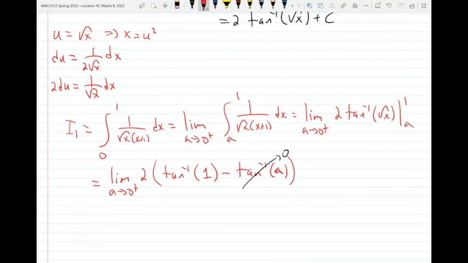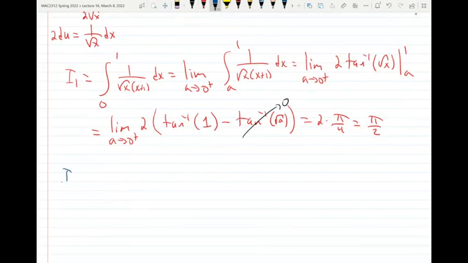It's pi over 4, right? So this is 2 times pi over 4, so it's pi over 2. Shouldn't it be square root of a? Yes, square root of a, but that still goes to 0 anyway. So you get pi over 2.